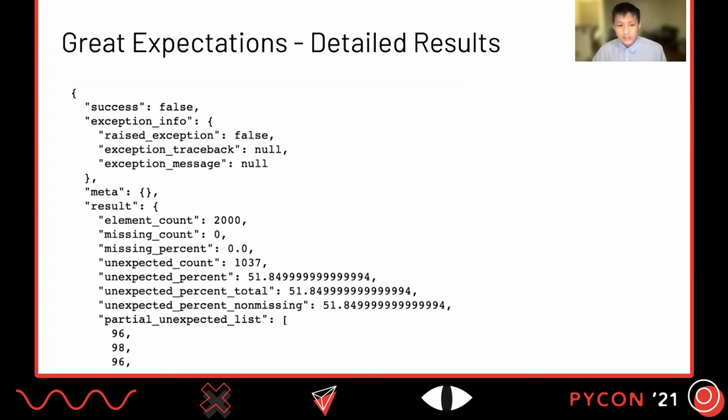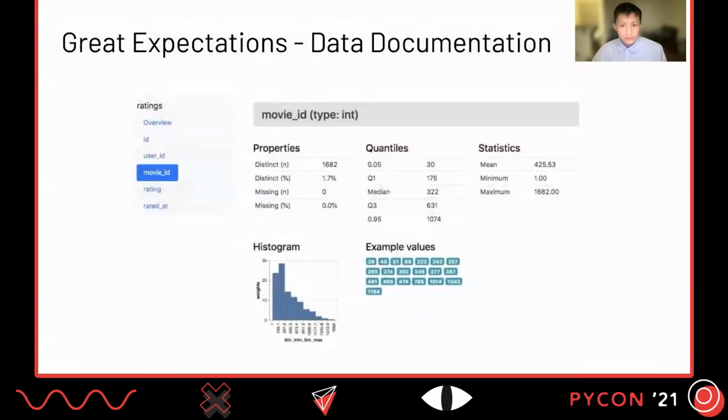It also provides example values that did not pass the expectation. So in our case, we were expecting a maximum value of 95, and we have 96, 98, 96.